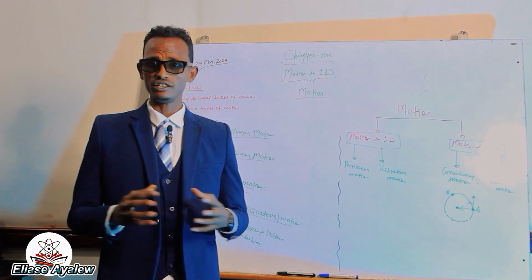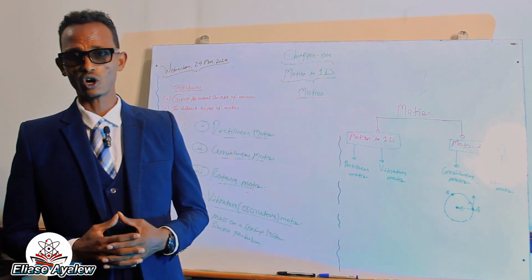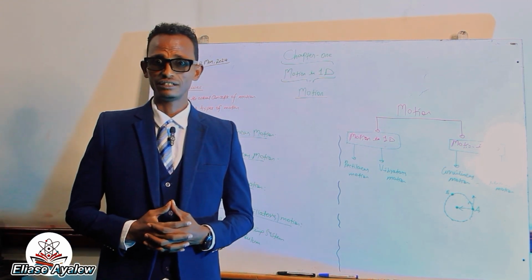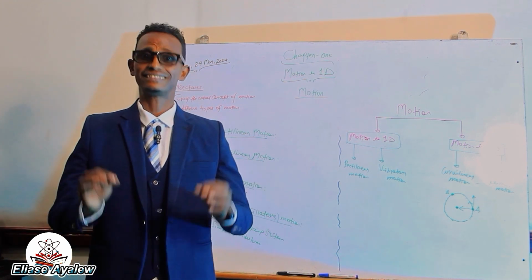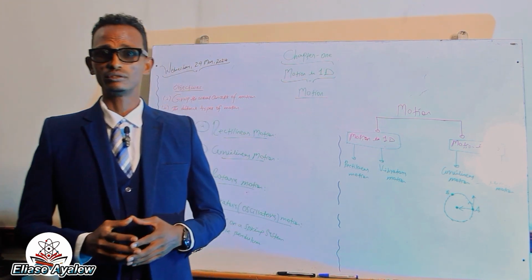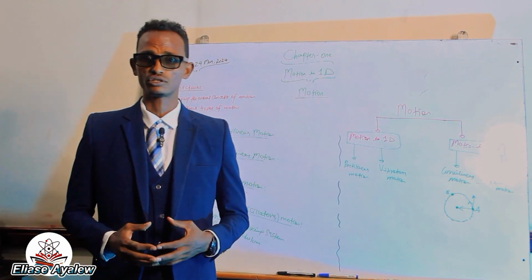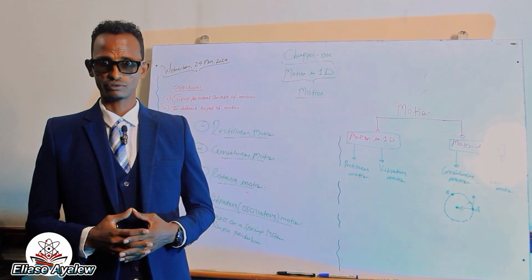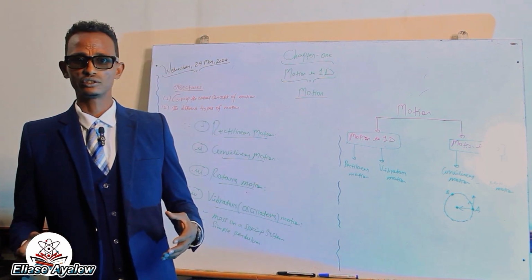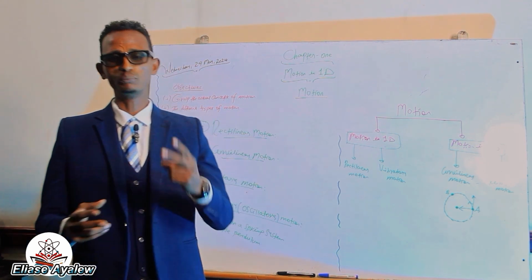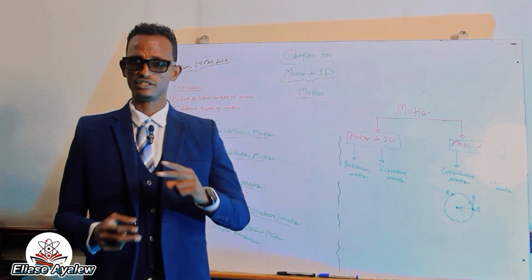The source of force is the interaction between objects. By nature, objects interact with each other, and this interaction among objects produces a certain force. And remember, objects interact with each other in two ways.